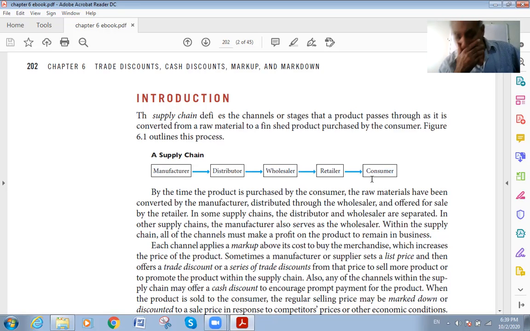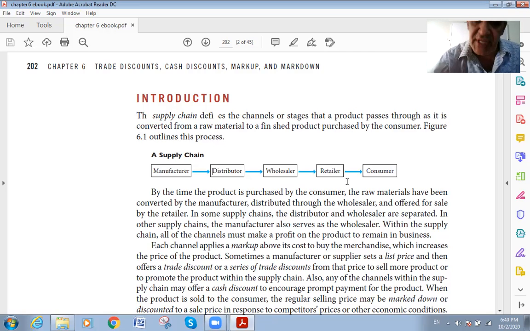The arrows here show there is a transaction.